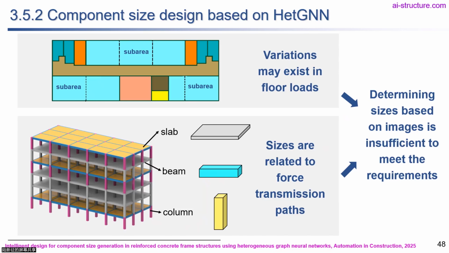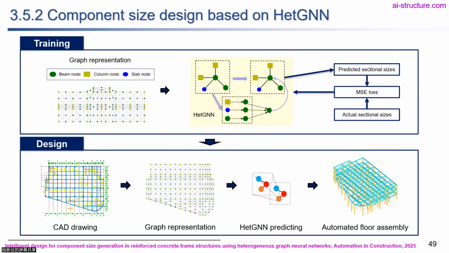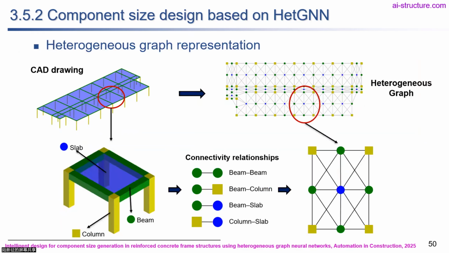This is the fundamental of the algorithm: we use the GNN to represent different components. The key is what we call heterogeneous graph representation, because the beam-to-beam connection, beam-to-slab connection, and column-to-slab connection all have different data structures, so you need to consider them separately.